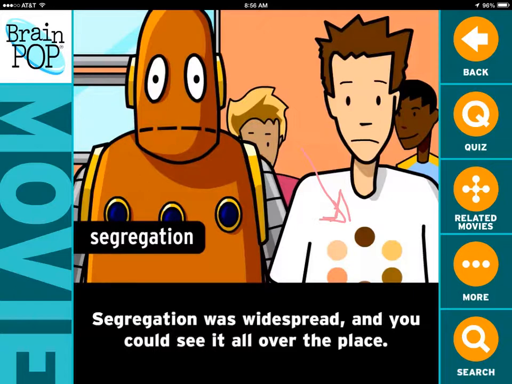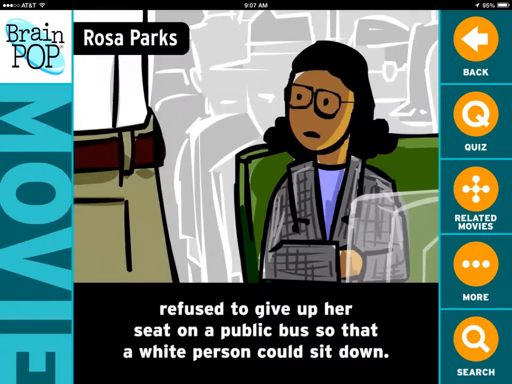So Tim is here, and we always have vocab words that they're going to be asking about later. And so they explain what segregation is here, which is very helpful. And they talk about major events, major people, and it always astonishes me how, the way that this is presented, the kids really do remember who these people and places are, and the order of things is very, very clear to them.